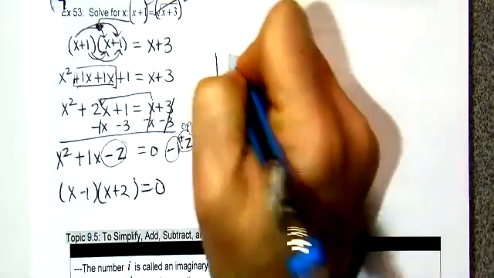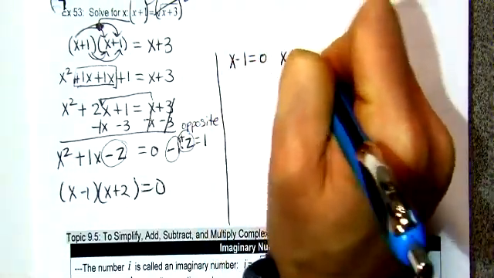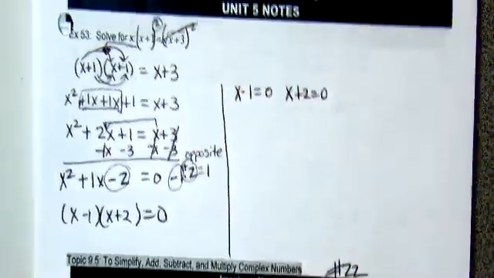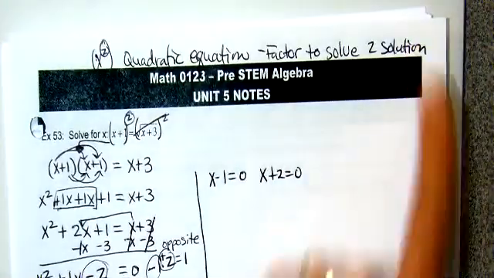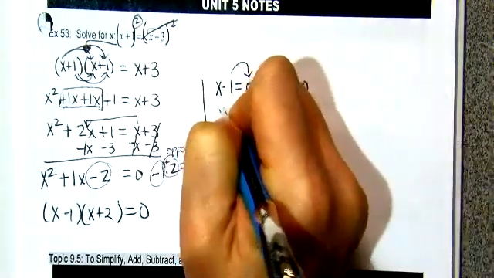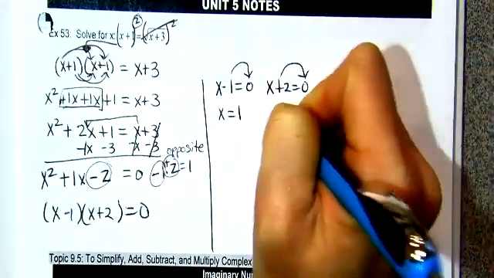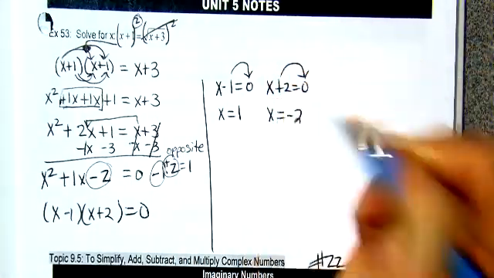So this is where I say x minus 1 equals 0 and x plus 2 equals 0, and I find my two solutions that I talked about above. So I would move 1 over, so since it's a minus 1, it would end up being a positive 1, and I would move my 2 over, subtracting, so that'd make it a negative 2.